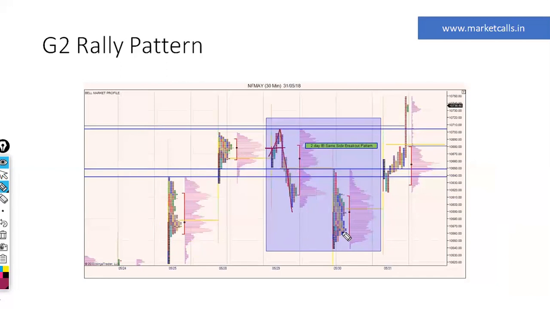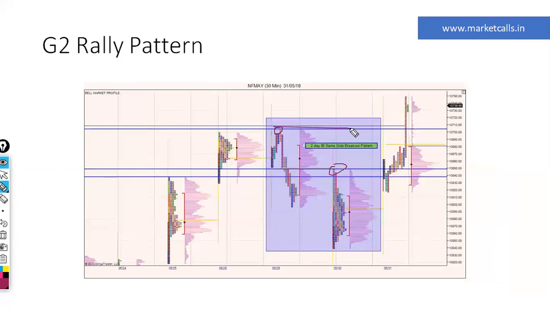It doesn't matter. The second day also, the previous day low should be broken. At the same time, the first 1 hour high should also get broken. And what it forms is a kind of higher high, and it forms a lower high. So that is what forms a G2.